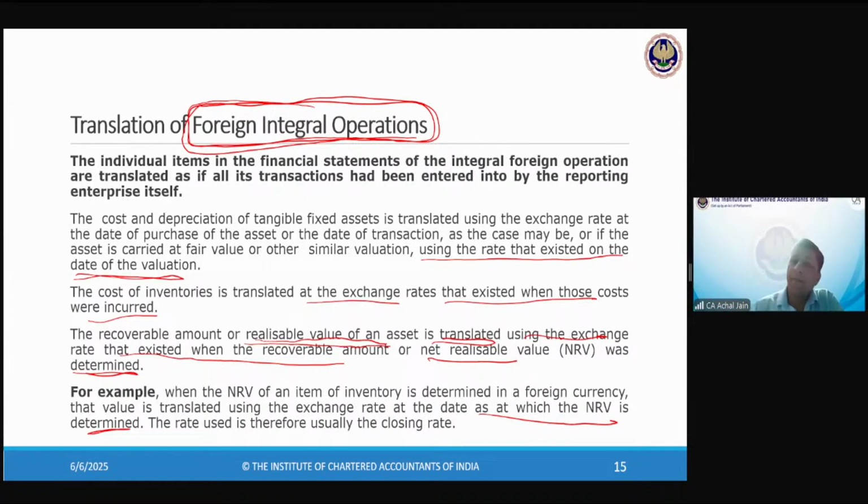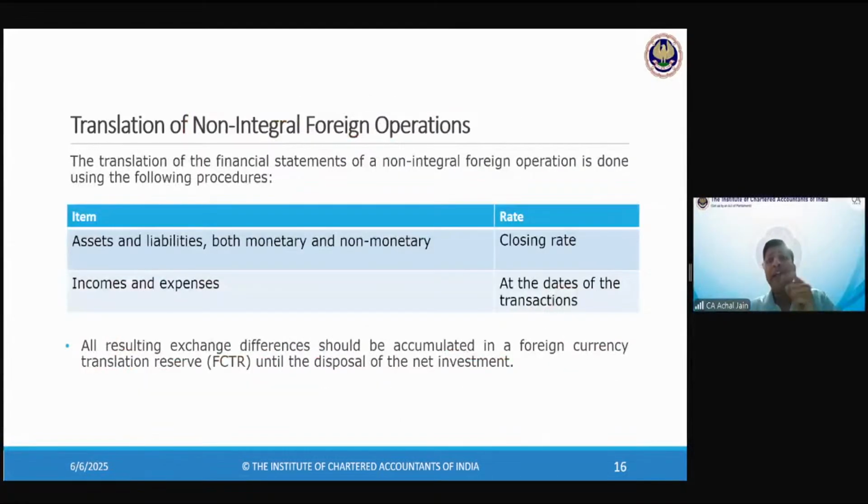Now, when it comes to non-integral foreign operations, the translation criteria will be different. What is that criteria?